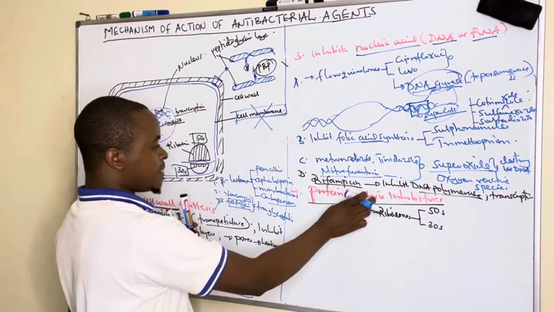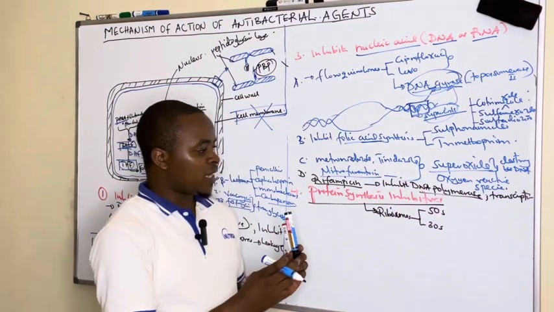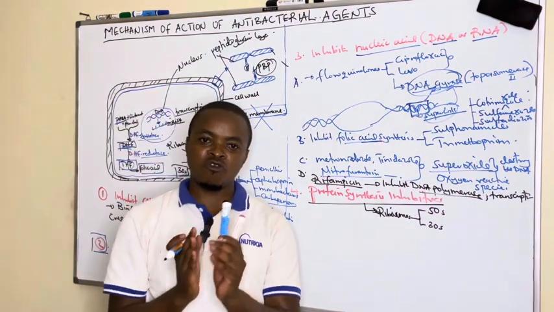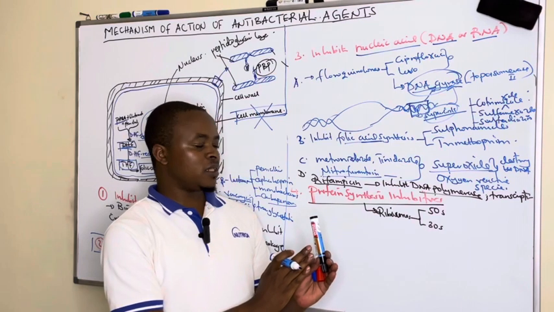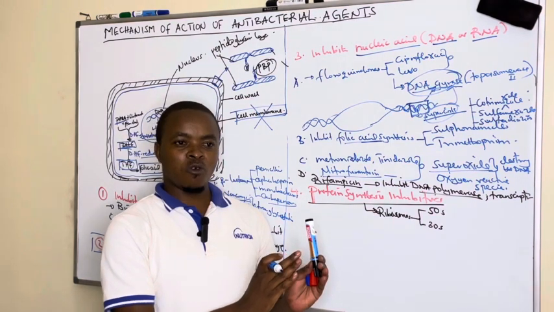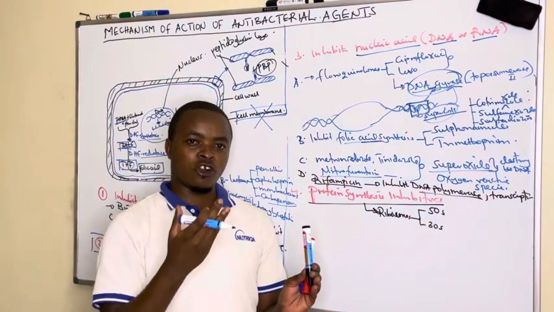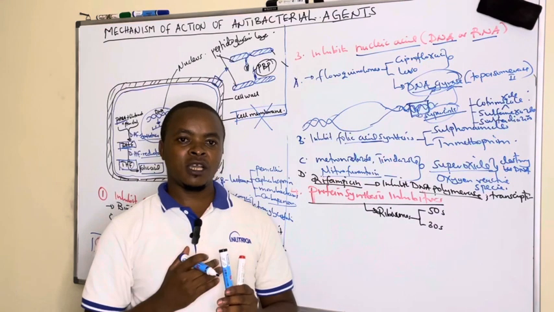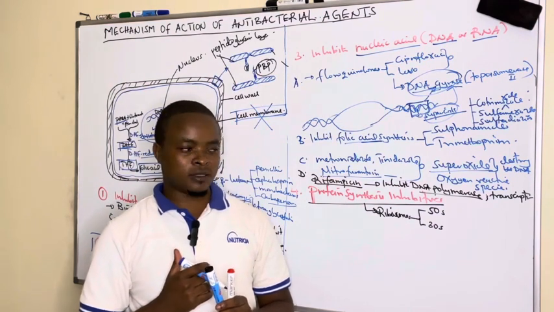So what these protein synthesis inhibitors do, they inhibit the process of translation, whereby we are converting the codons into a long polypeptide chain of amino acids.